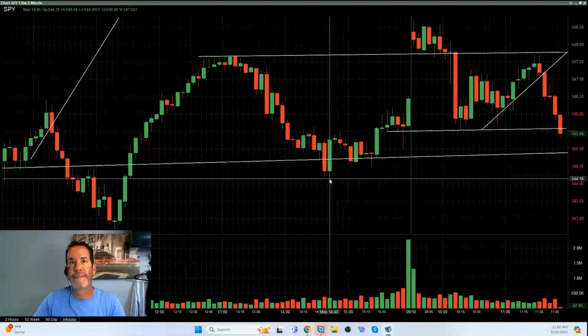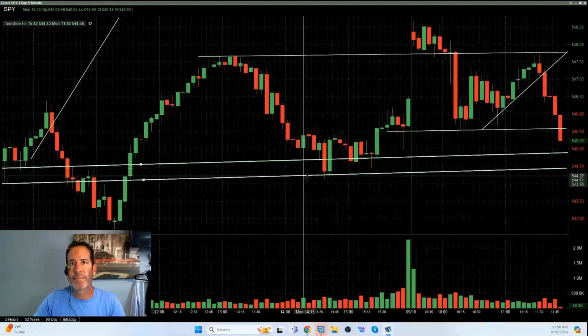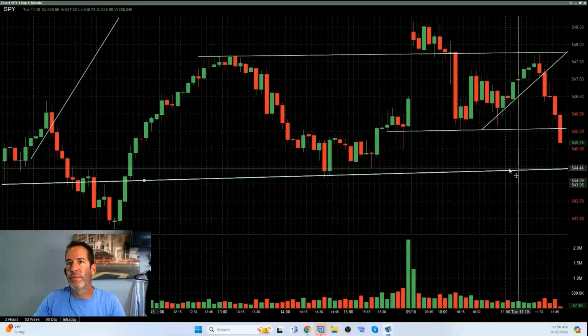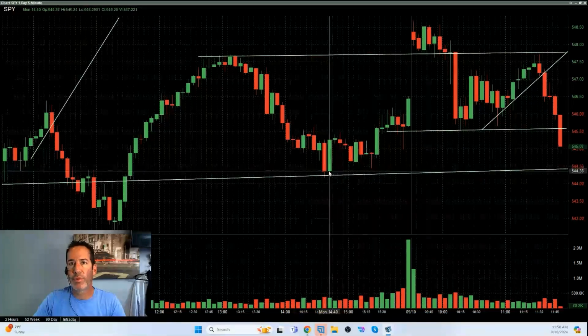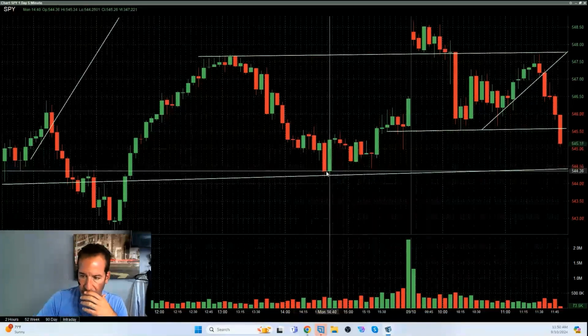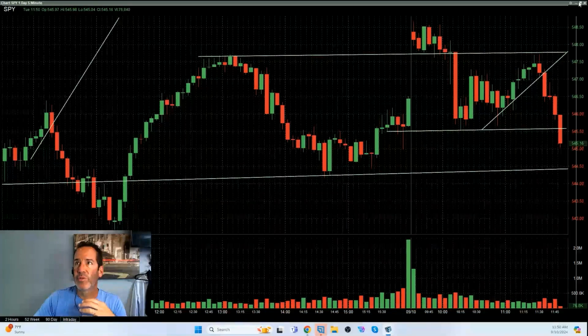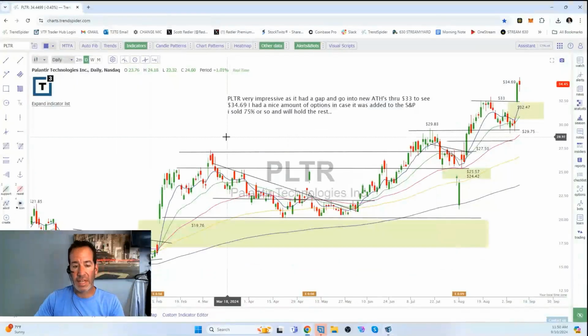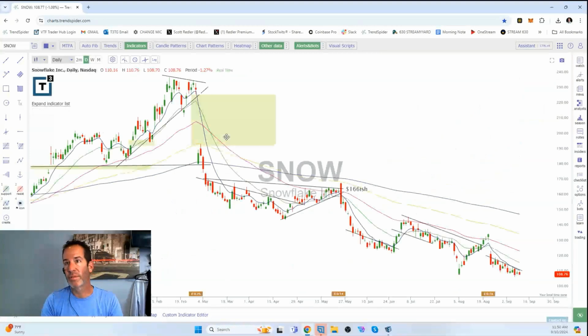That's the low from 2:30 yesterday. Yeah, I thought SNOW was really, really broken and no bounce. Still really, really broken, trapped, no bounce.